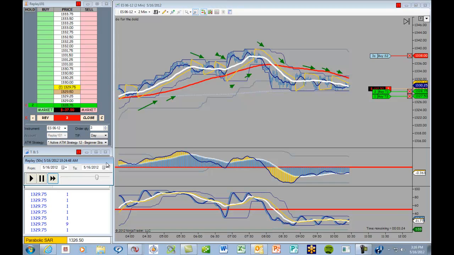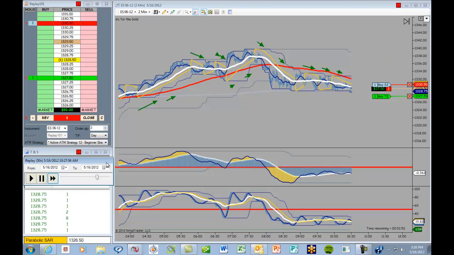Really stuck at that support level there. Oop, that's what we're looking for.